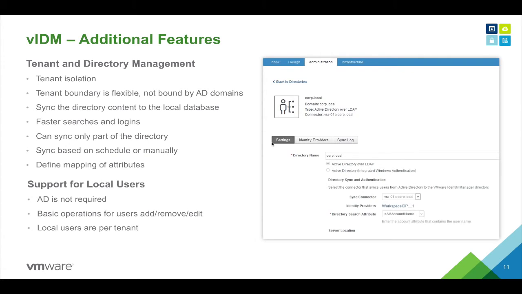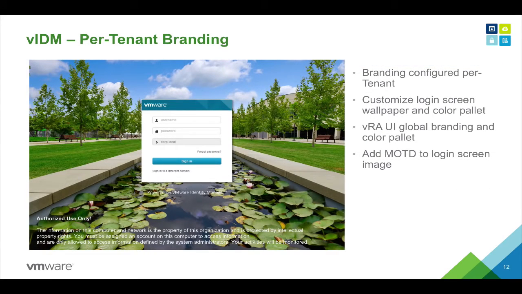But if that same user were to go home and log in through the DMZ or any sort of remote access solution, I can now identify that user as a remote user and require them to use multi- or two-factor authentication. And another important feature is branding. VIDM now allows our customers to completely brand the login screen and the overall look and feel of vRealize Automation 7.